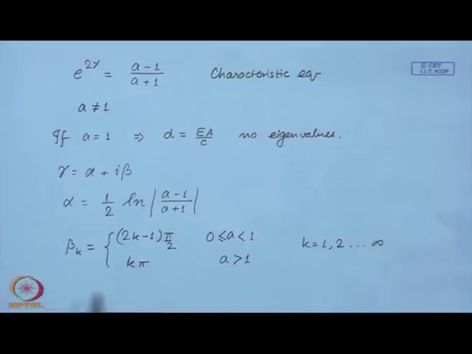So, there are infinitely many values of beta which are now indexed with k, and for various ranges of values of A we have these solutions.